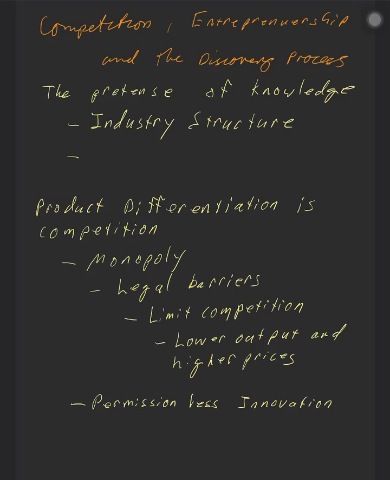One of those things we don't know is industry structure, right? We don't know how many firms there should be, or how big, or how small, or what they should be making. Figuring out what the competitive process should look like is what the entrepreneurial market process, a dynamic discovery process, does. When firms merge, for example, they're testing whether the entrepreneurial hypothesis that a larger firm will be better able to create value than a smaller one is true.